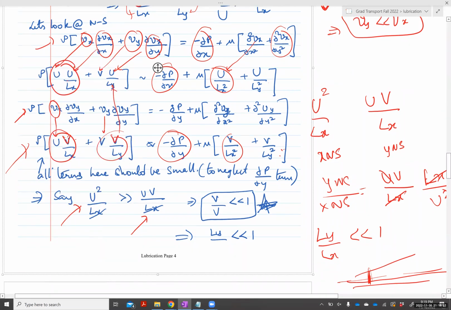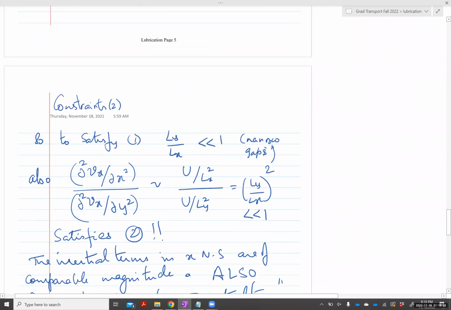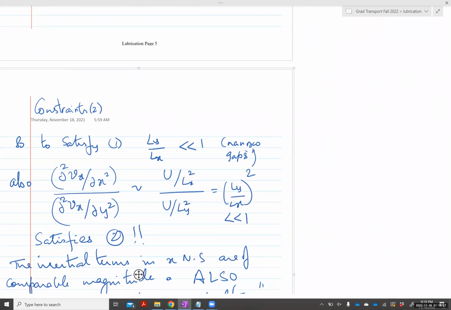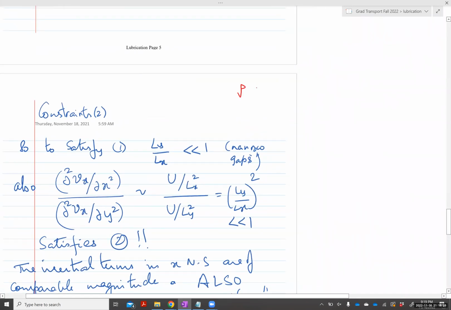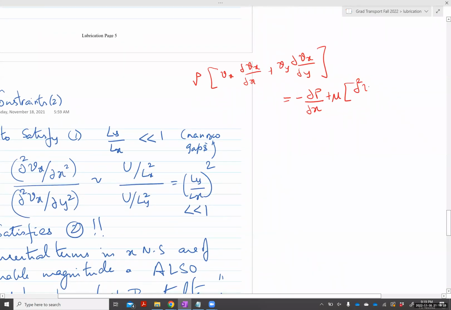So the x Navier-Stokes reads rho times Vx, dou Vx over dou x plus Vy, dou Vx over dou y, is equal to minus dou p over dou x plus mu times dou squared Vx over dou x squared plus dou squared Vx over dou y squared.